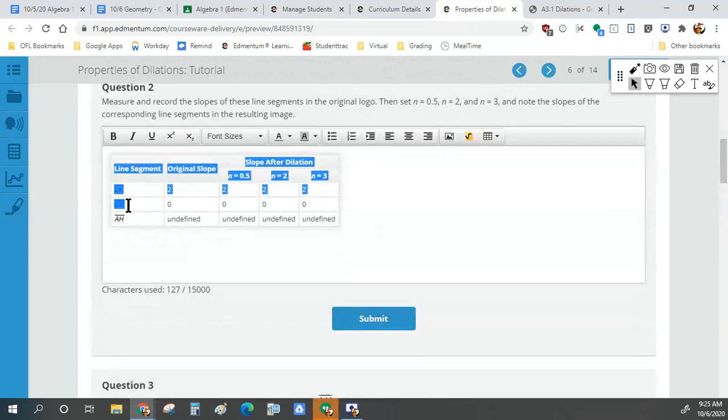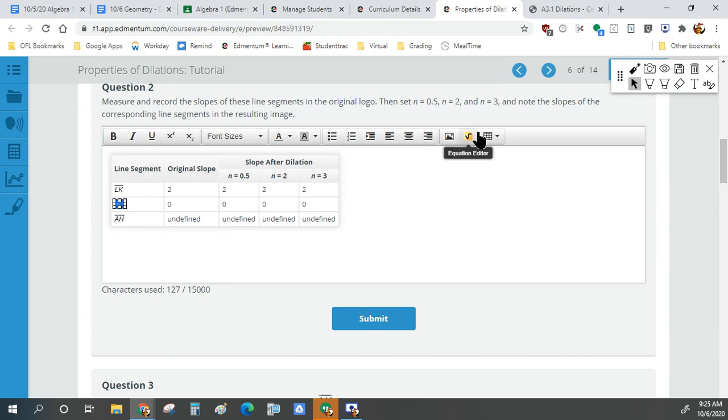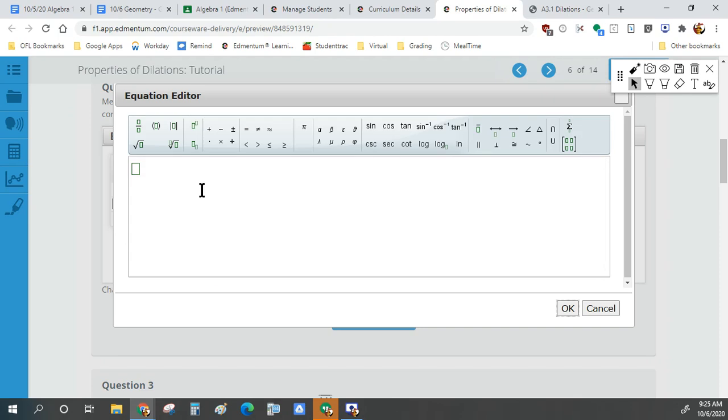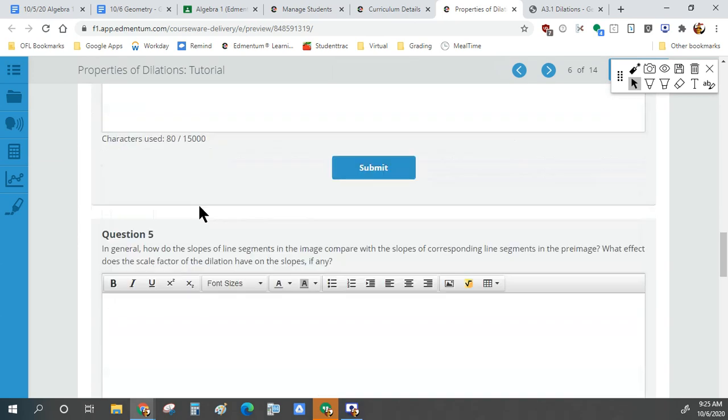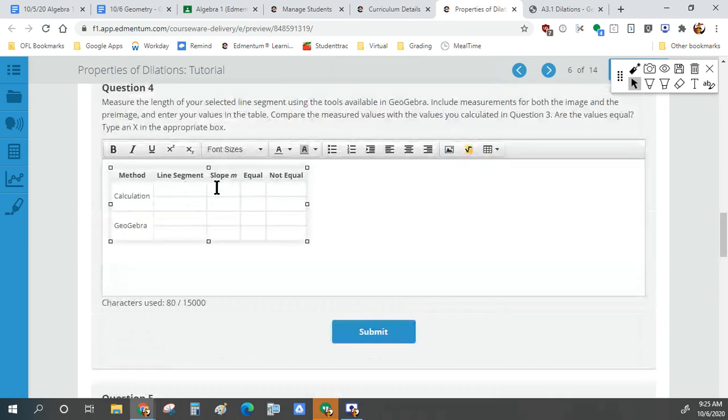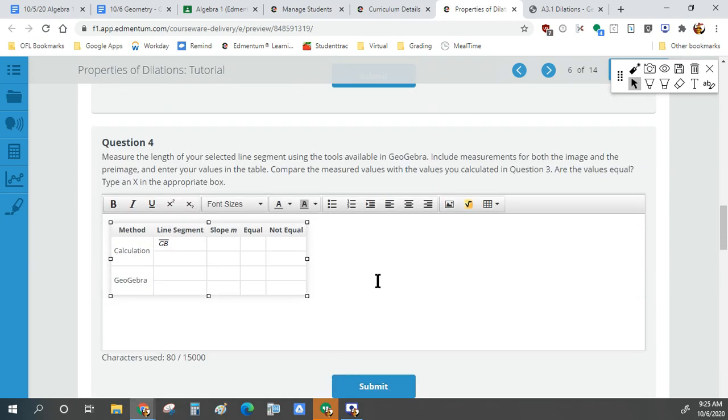So I'm literally just going to go, let me take this. Notice how it does a little picture thing? It's actually an equation. You can go in here and, oh, I thought you could. Apparently, Amentum's lazy and they don't even use their own equation editor. I'm going to do this, paste this there. Slope. So this is a calculation. So if it's a calculation, just do rise over run.